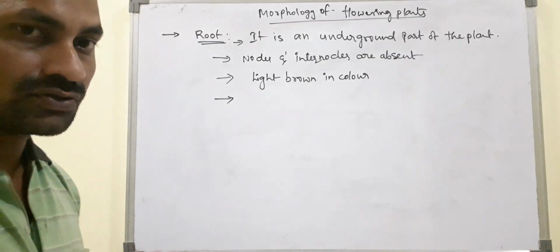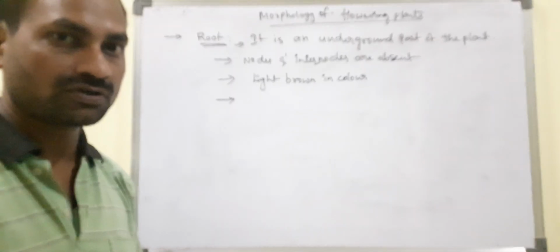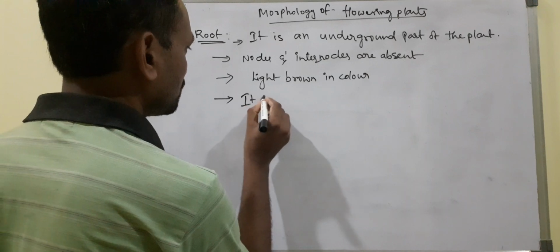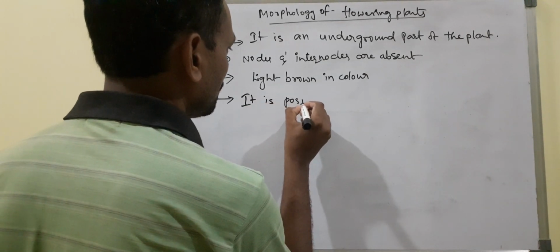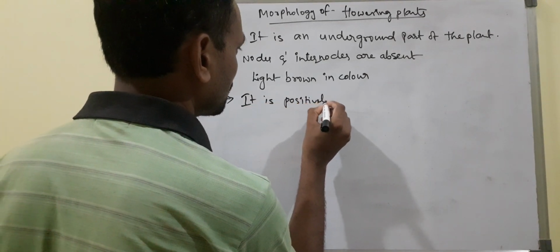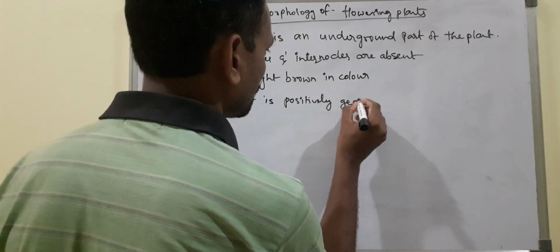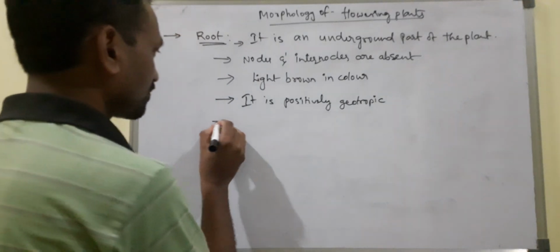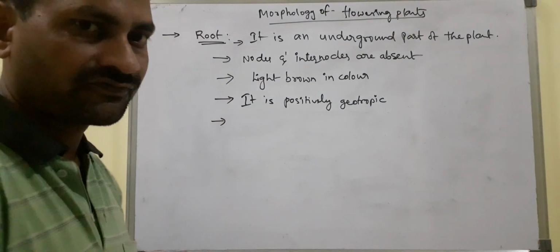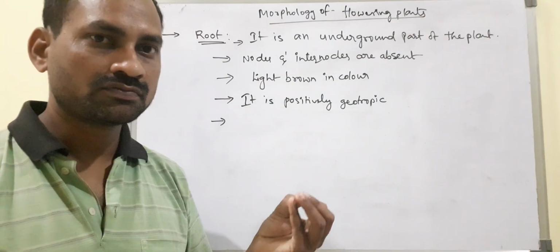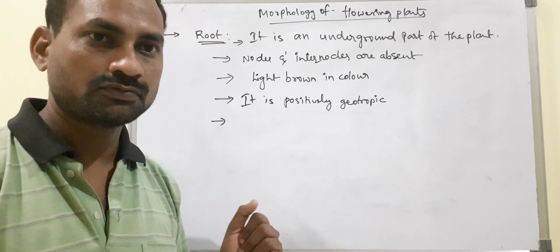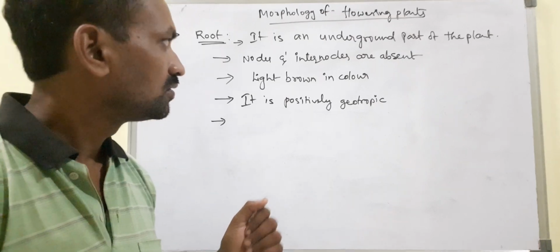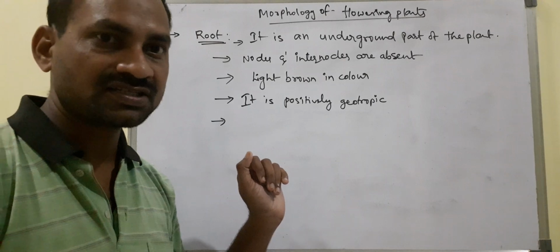Positively geotropic means it grows towards gravity. We cannot find branches, buds on the root. We know very well. Okay, so these are the characteristic features of the root.